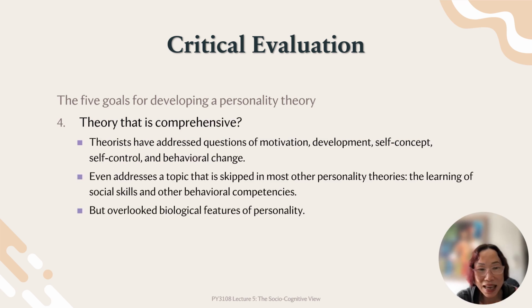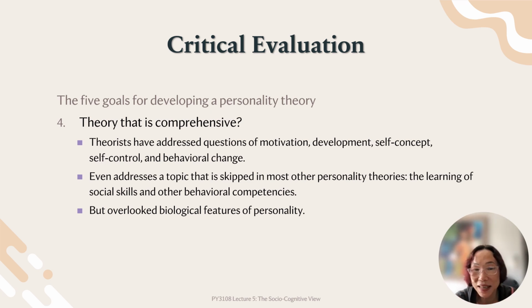Is the theory comprehensive? Social cognitive theorists have addressed questions of motivation, development, self-concepts, self-control, and behavioral change. So it's quite comprehensive. It even addresses a topic that is skipped in most other personality theories, the learning of social skills and other behavioral competencies.